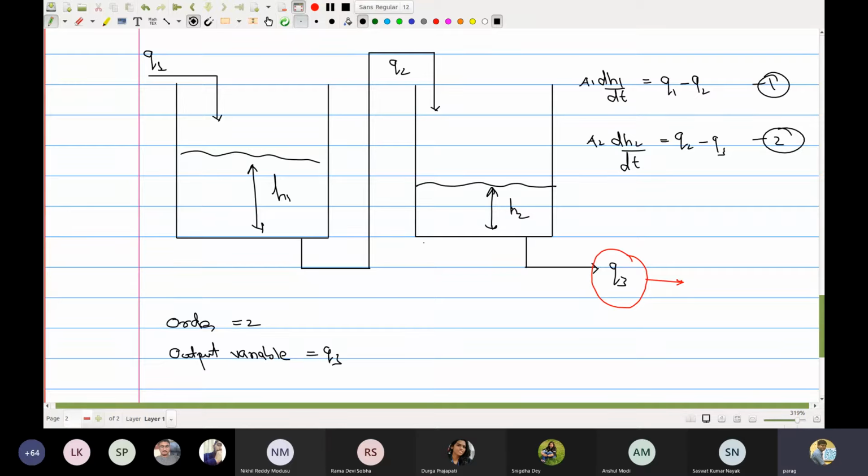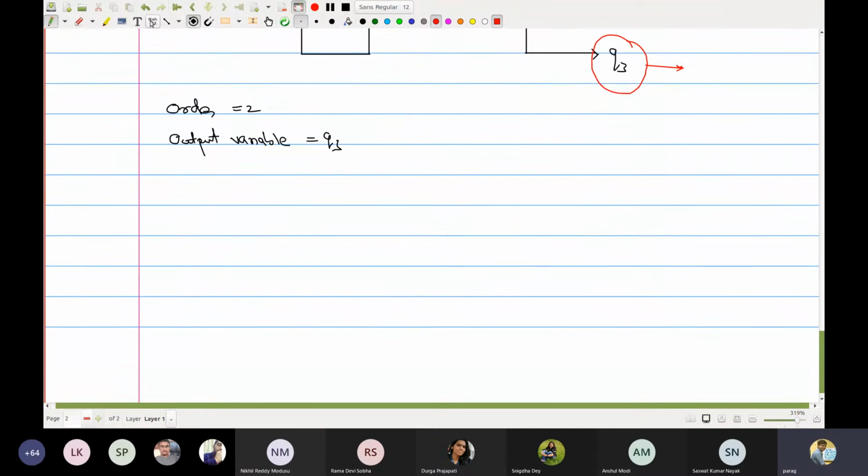In this region you do not have a control, and your real input variable, your real disturbance, is Q1, because this Q1 comes from some storage tank placed somewhere in your plant. So you have one output variable which is Q3, one input variable which is Q1, and the order of the system is 2, right?